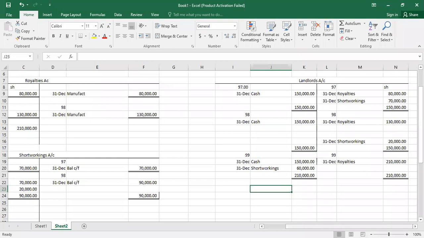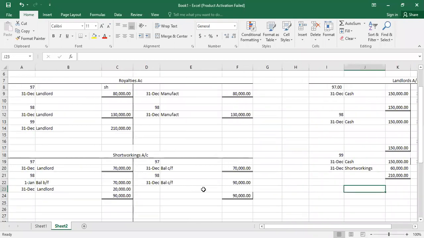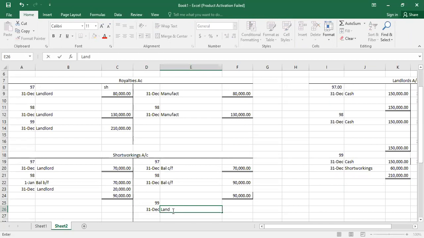So we come to the short workings account. It's on the year 1999. So what are we going to indicate on the short workings account? We have the landlords. We debited the landlord's account, so we credit the short workings account with 60,000.